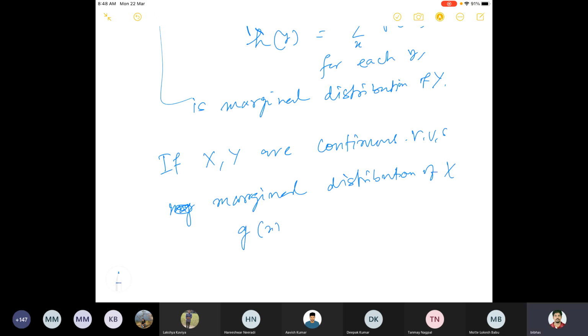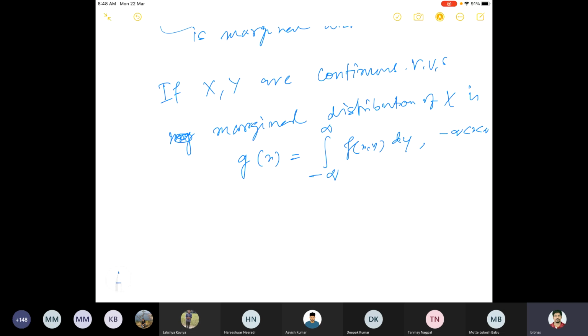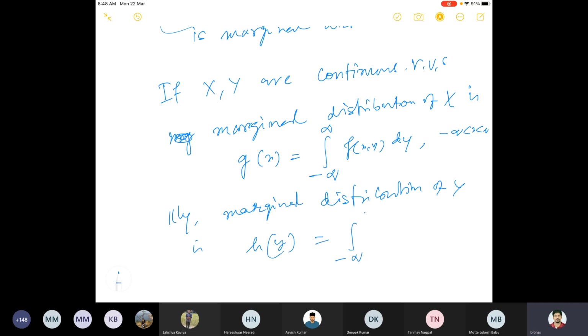So g(x) is defined as the integral from minus infinity to infinity of f(x,y) dy, and for any x this can be defined similarly. The marginal distribution of Y is h(y), equal to the integral from minus infinity to infinity of f(x,y) dx. So take the sum over all the x, and that's how we'll get this for y between minus infinity and infinity.